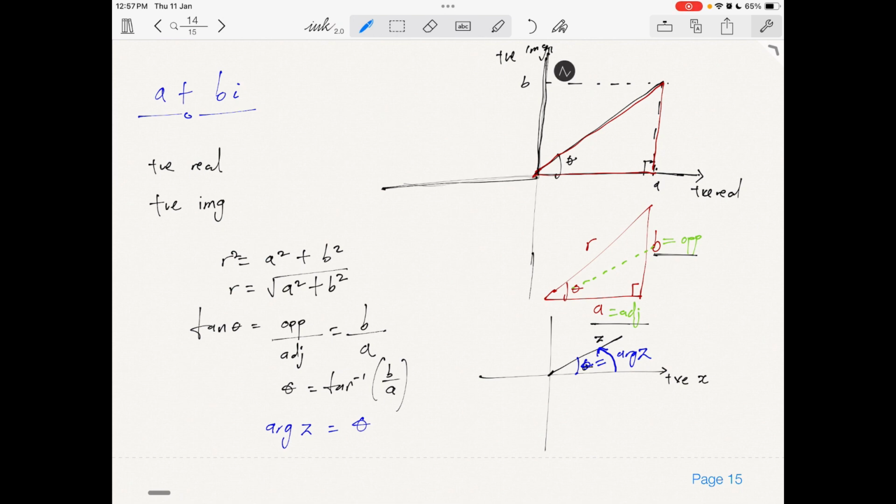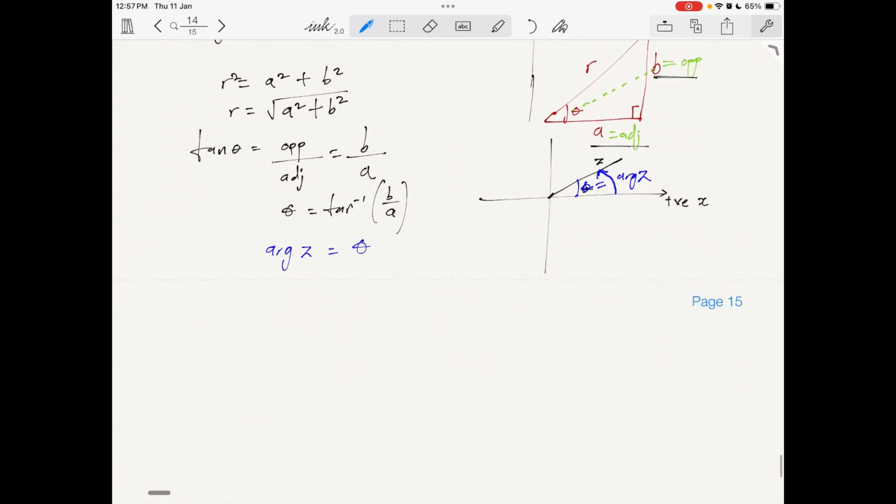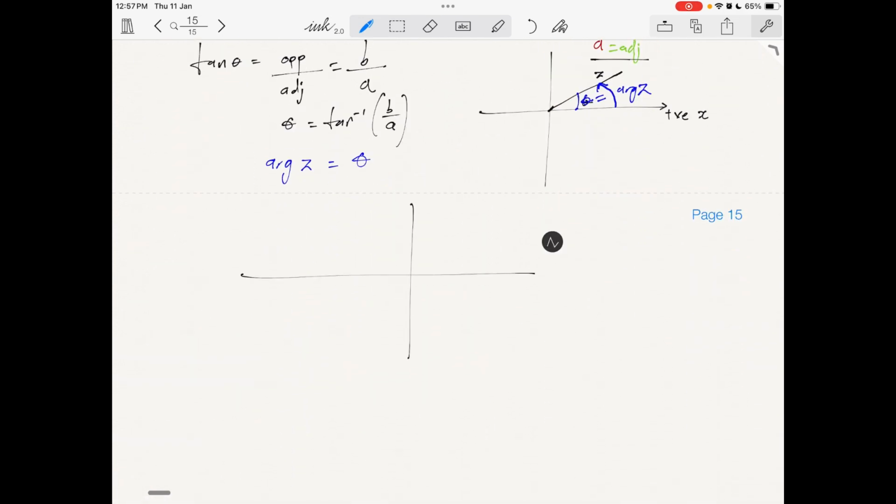If it is in this quadrant, let's analyze it a bit before we move any further. This has positive real axis and positive imaginary axis. Let's swap this. Positive imaginary, positive real, and this has a negative real number.